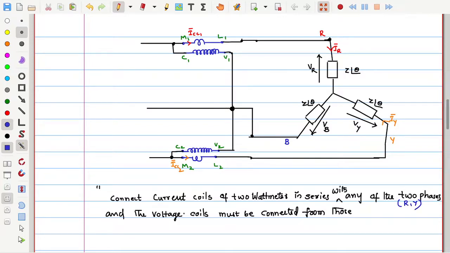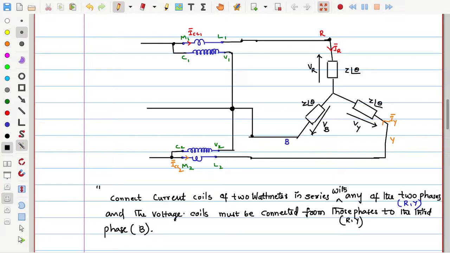Current coils are connected in series with R phase and Y phase. The voltage coils must be connected from those phases, R and Y, to the third phase, which is B phase.